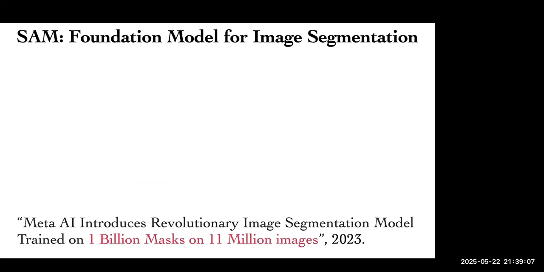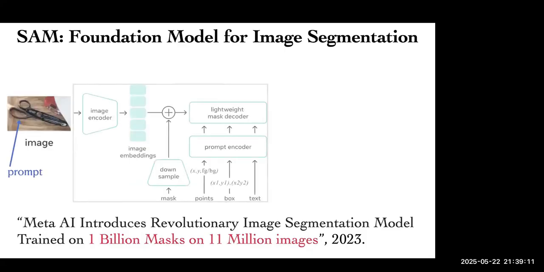SAM is a foundation model for image segmentation. It's trained on 1 billion masks on 11 million high resolution images. The detailed architecture doesn't matter that much. But here you can see that for segmentation, it already acknowledges ambiguity.